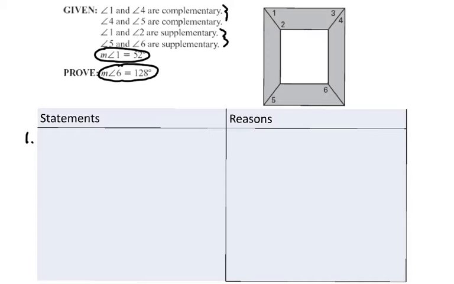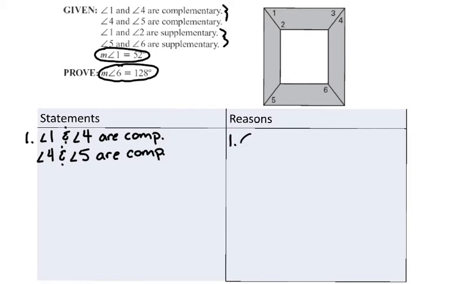So let's start out with part of our given information, that angle 1 and angle 4 are complementary, and angle 4 and 5 are complementary. So that's just our given.